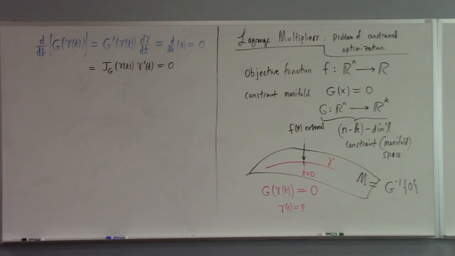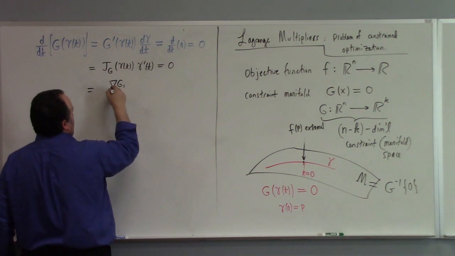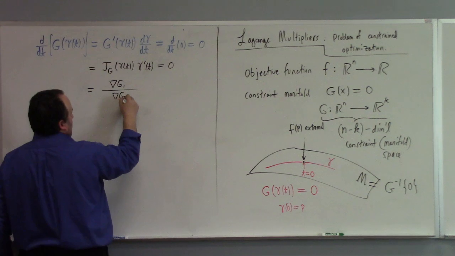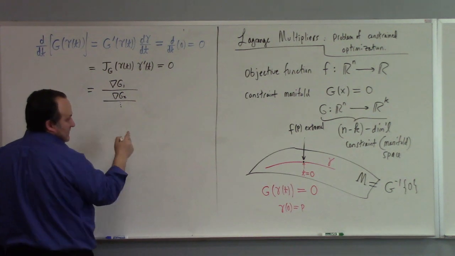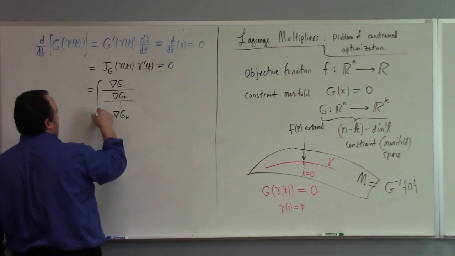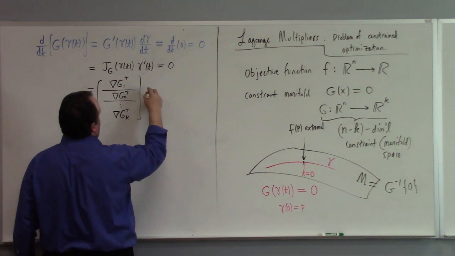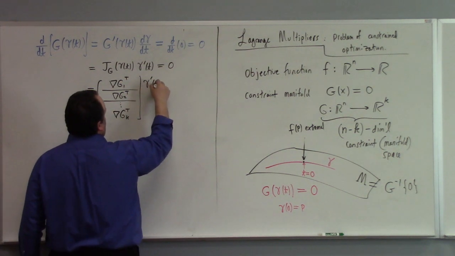Okay, so that's true for all t, right? What does that mean? This actually looks like the gradient of the first level, however many there are of these. Apparently there are k of them, right? That's a stack of gradients times gamma prime of t.